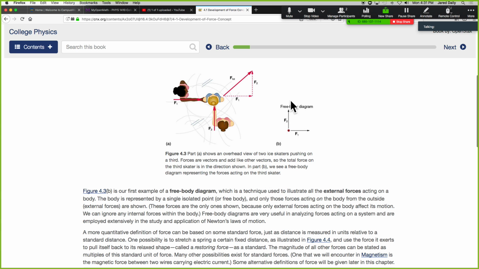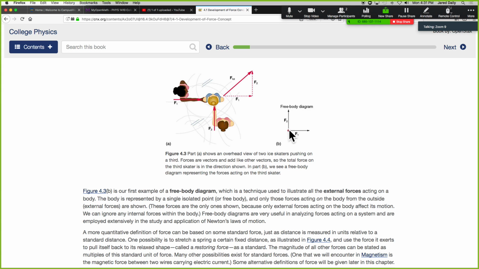When we see something like this in physics, we often represent it using something called a free body diagram, where the object that is feeling the forces is represented by a point or some other similarly simple thing. And the forces are arrows pointing away from that point in the directions that they should, with lengths that represent the strength of the forces.